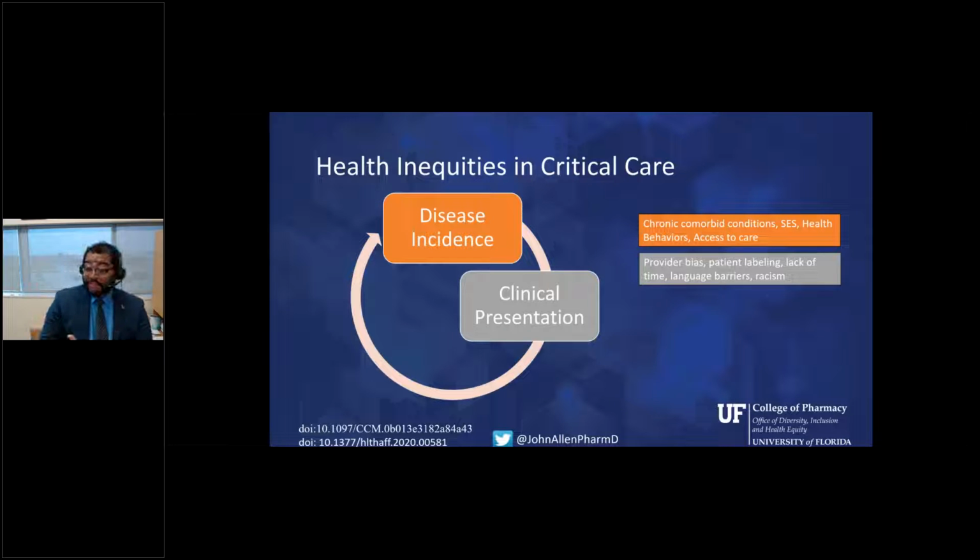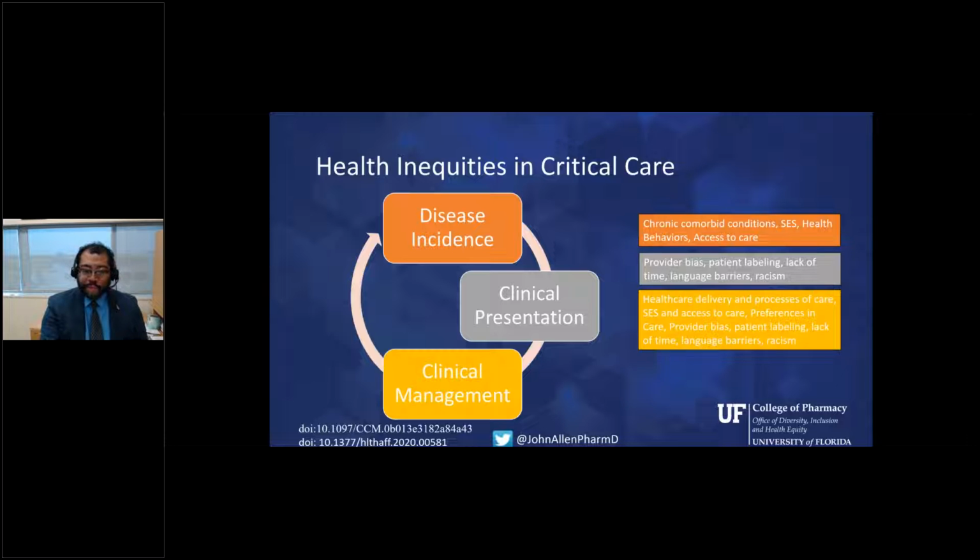Clinical presentation also has the potential to illustrate different disparities, and we'll spend some time talking about that in a few slides as well, to unpack that a little bit more in critical care.